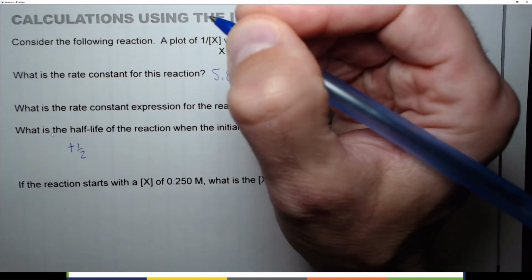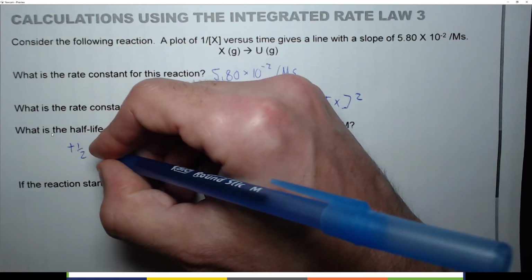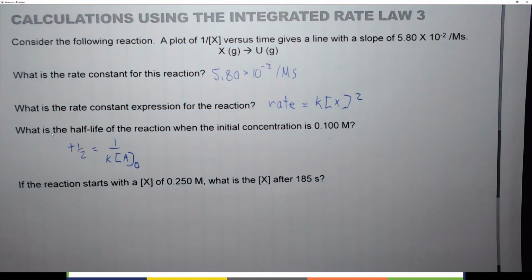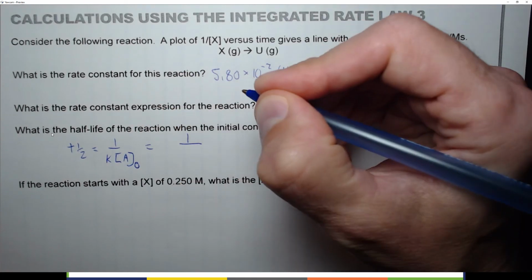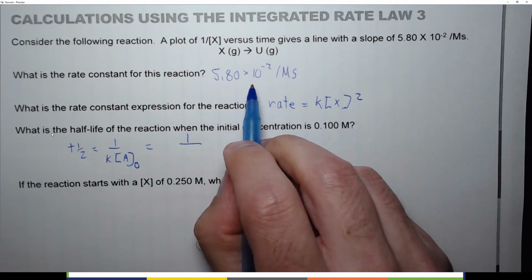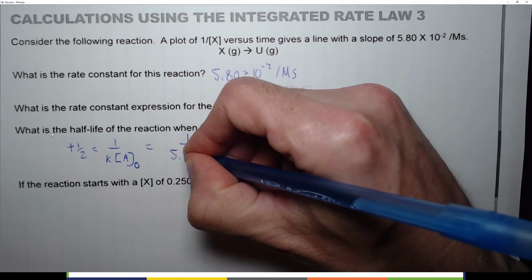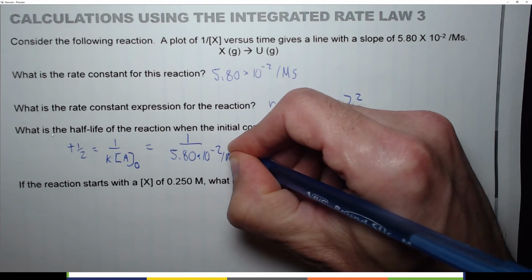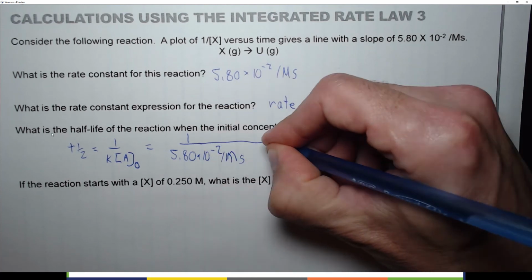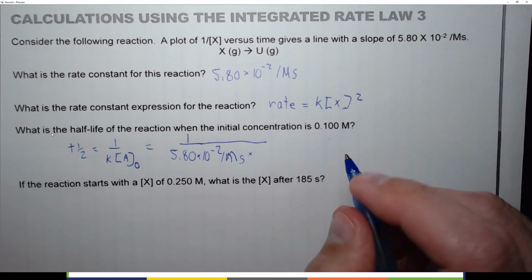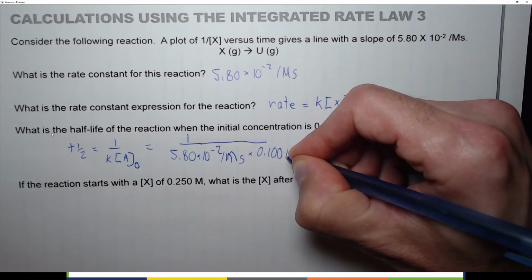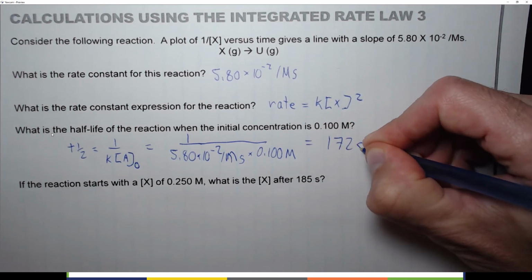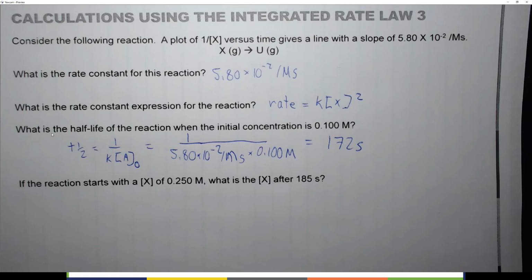For a second order reaction, when we look on the slide, we find that t1/2 equals 1 over k times the initial concentration of A, which equals 1 over 5.80 times 10 to the minus 2 per molar second, times the initial concentration, 0.100 molar. And when we do all that math, we find that the half-life of this reaction is 172 seconds.